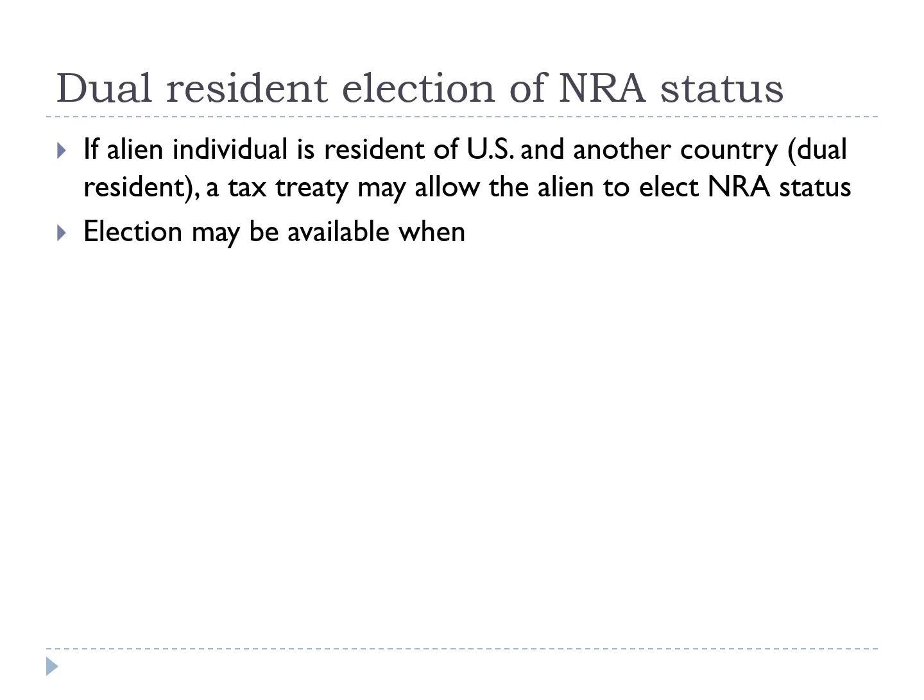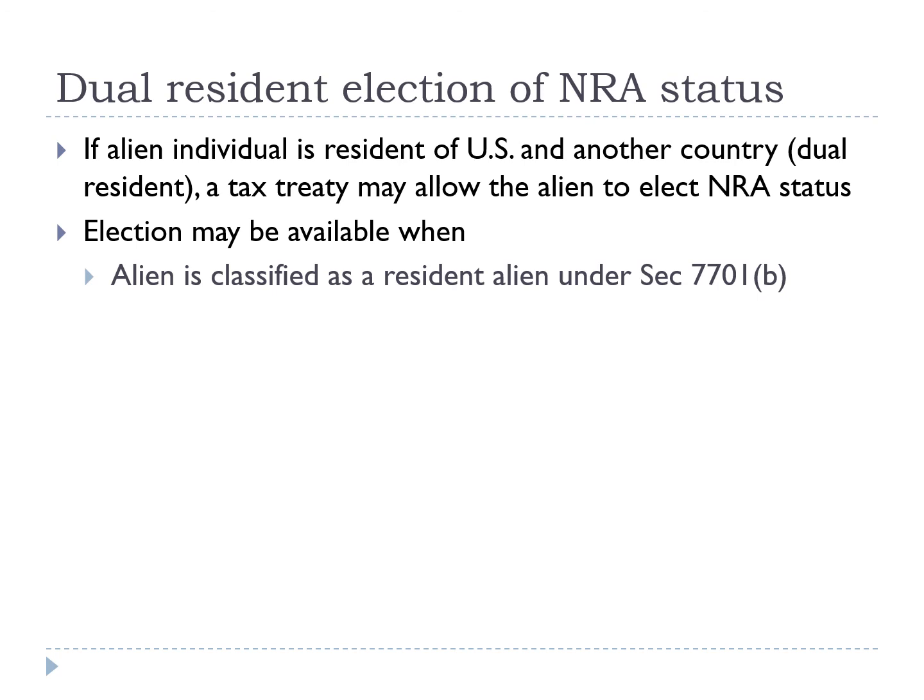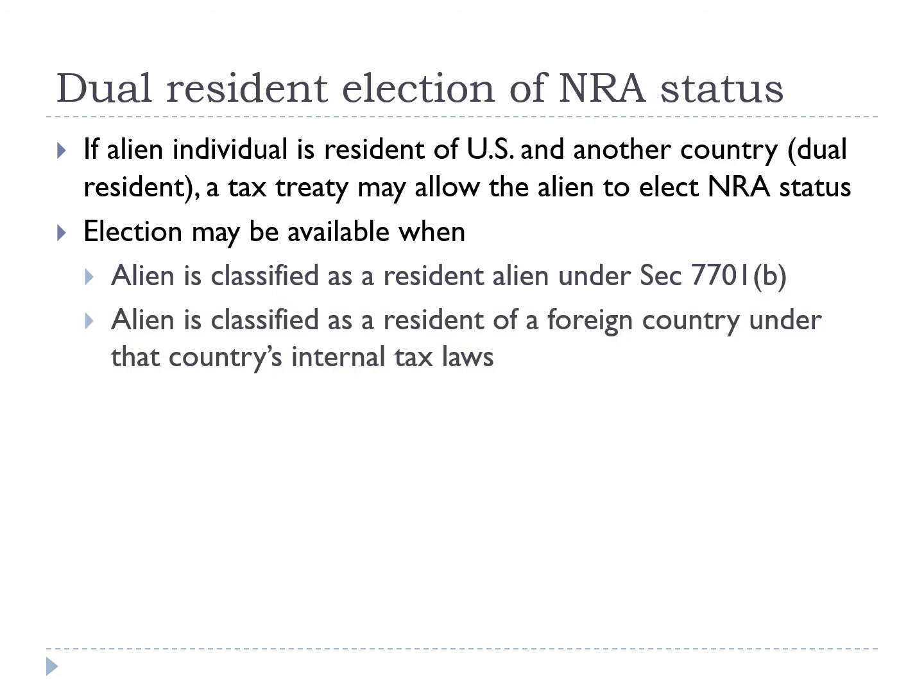This election may be available when an alien is classified as a U.S. resident under Section 7701(b), while at the same time being classified as a resident of another country under that country's internal tax laws.